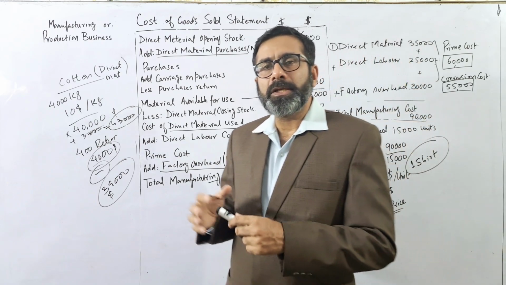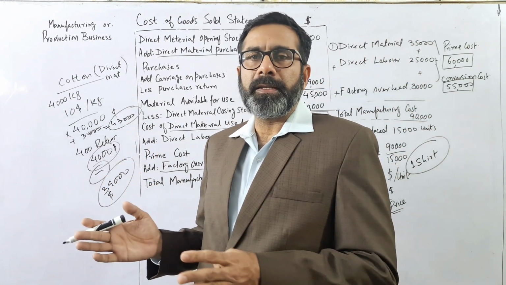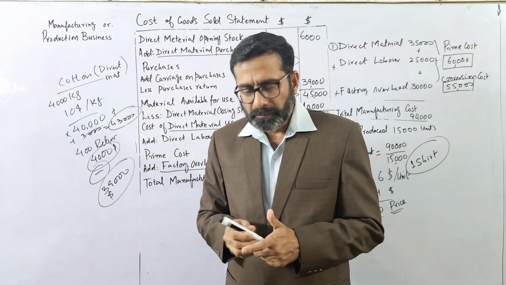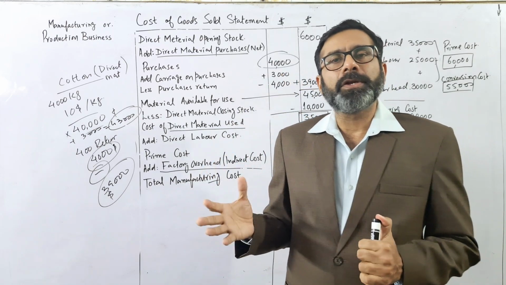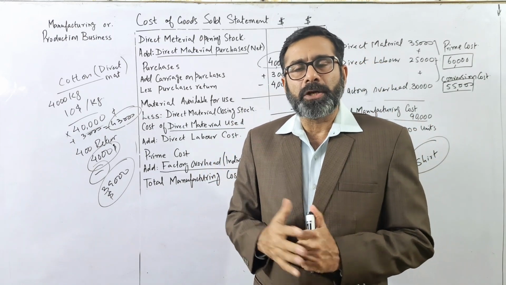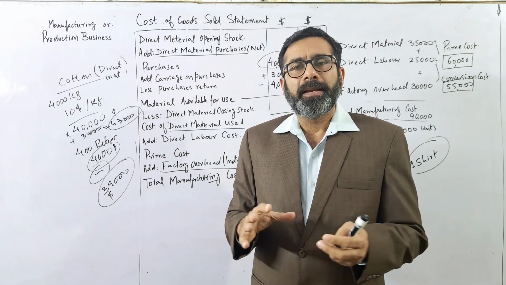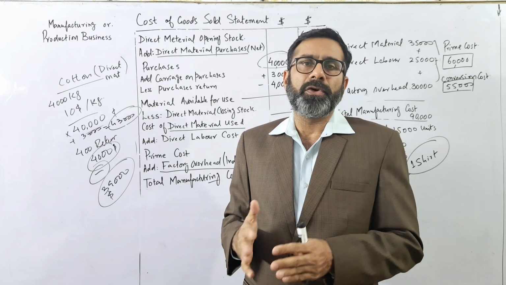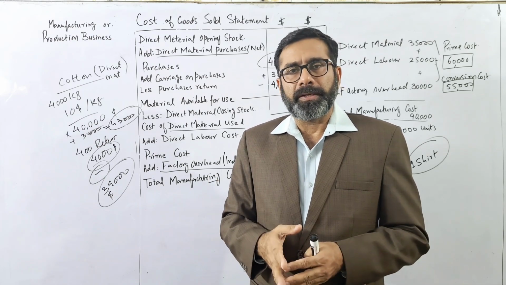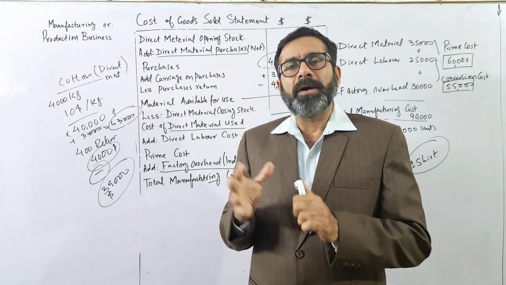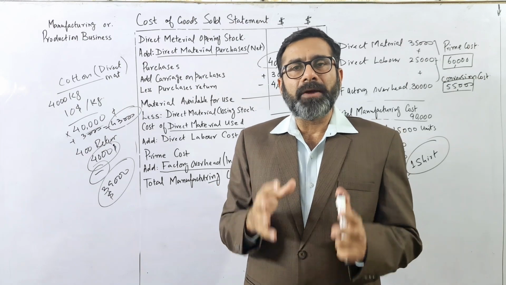Now the next thing is the concept of the opening stock and the closing stock. The cotton or any other raw material which they have purchased, obviously they will not use all the material during the financial period or accounting year. So some of the stock will still be available.